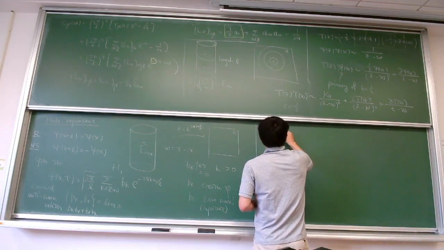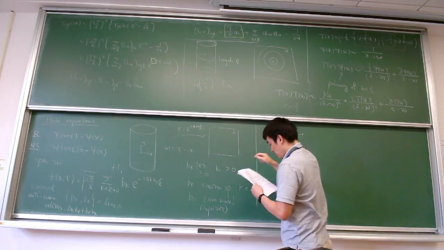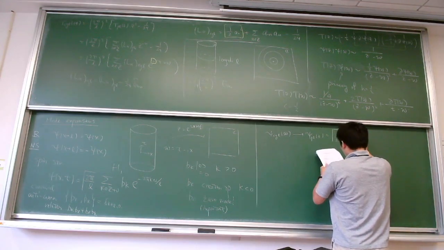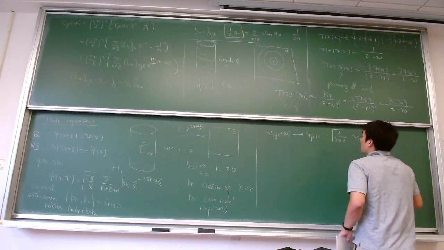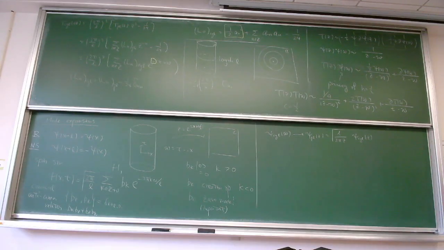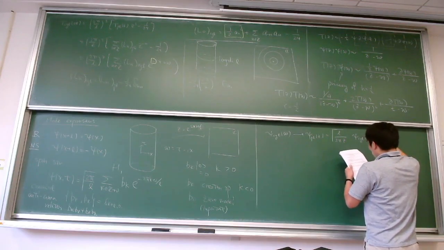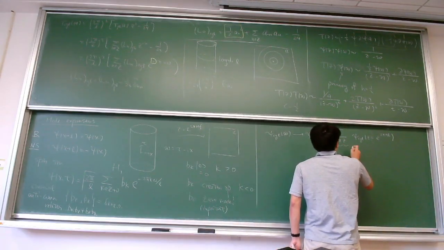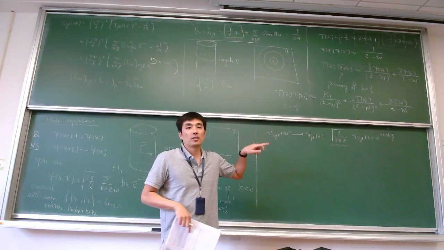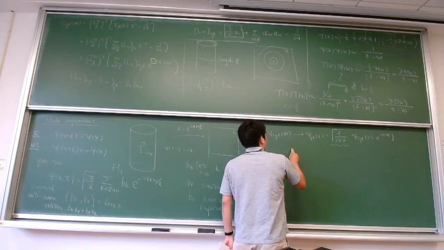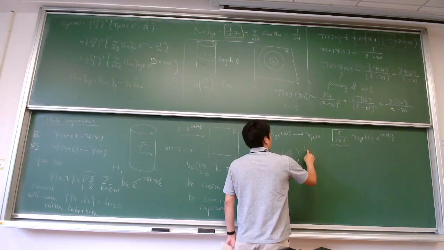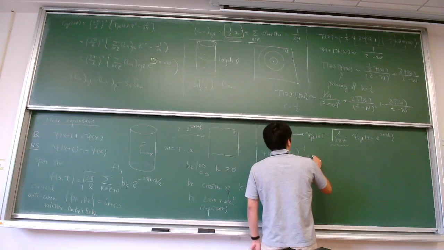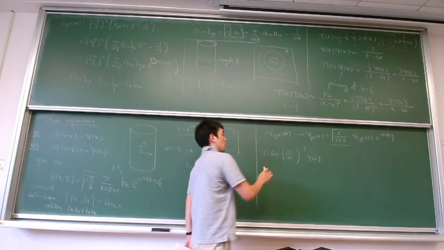The cylinder with coordinate w is mapped under this conformal transformation to the plane with z equal to e to the 2 pi w over L. Since psi is a primary field, you have the factor with weight one half for the conformal transformation.